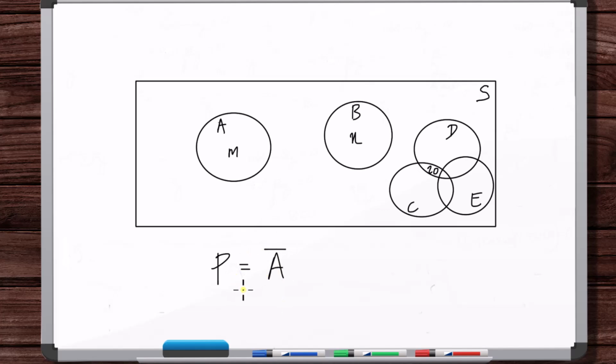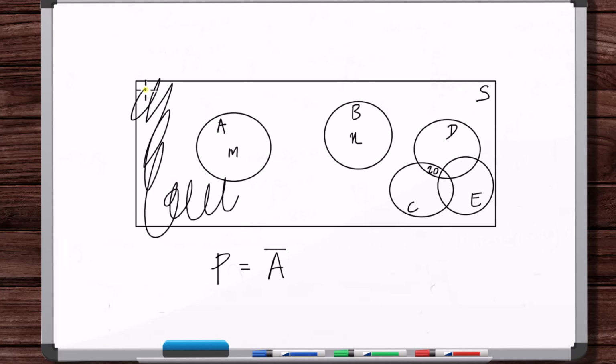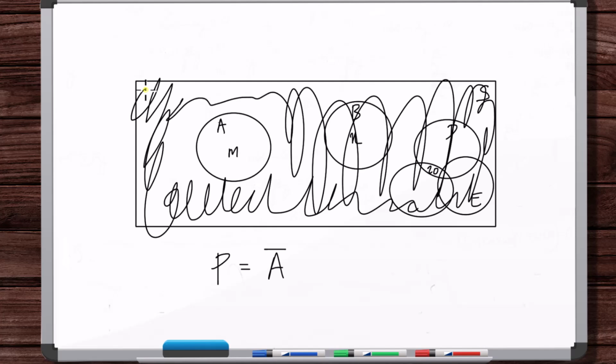What that means is it's everything in the entire system that's not in A. So that would be all of this. And again, for any of these operations, the reason why I keep indicating that we're getting a new set is because it is a new set, and it's also a reminder that there's no duplicates and order doesn't matter. Okay, so this is not A, all of this.